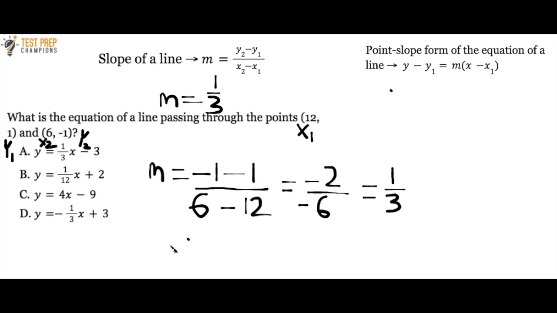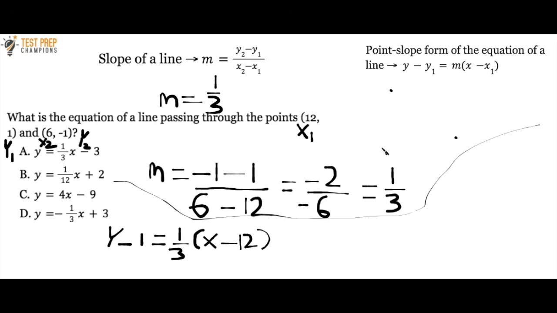So y minus y1: my y1 is simply 1, and my m is 1/3, multiplied by x minus my x1, and my x1 is right up here, it's 12. Let me draw a box around this to make it easier to follow. So I'm working down here: y minus y1 equals slope times x minus x1.